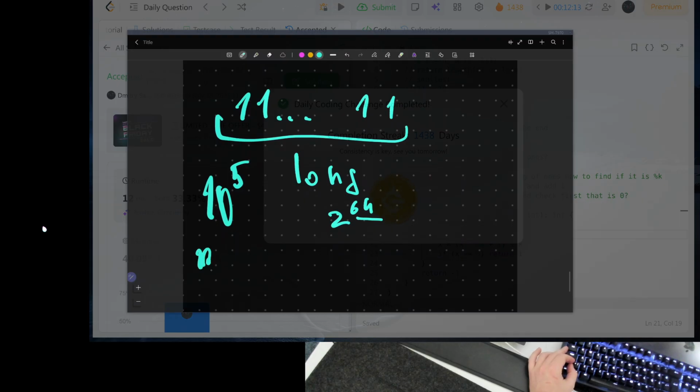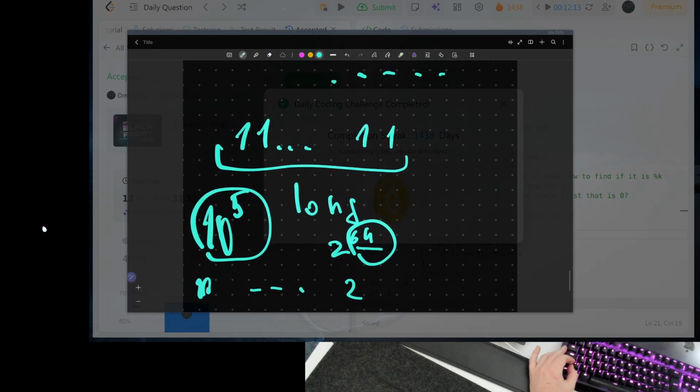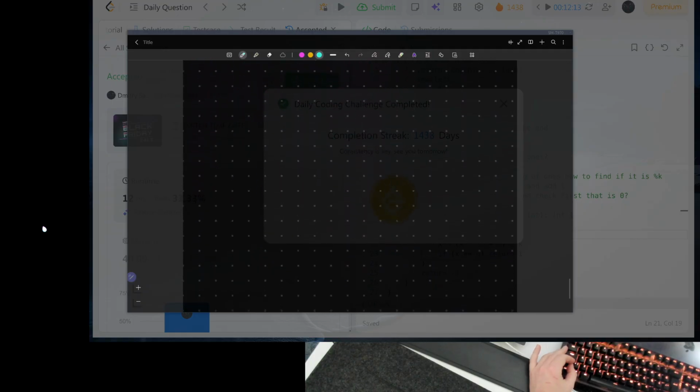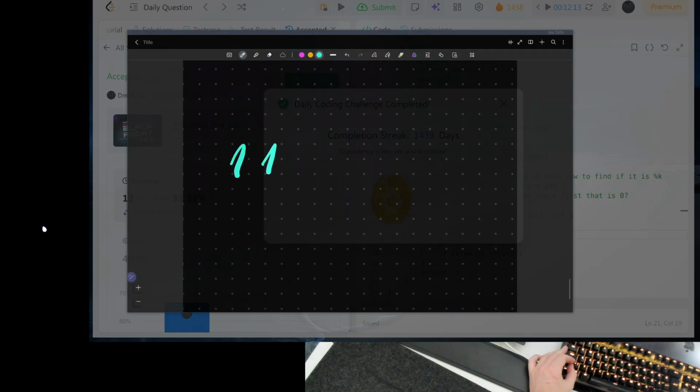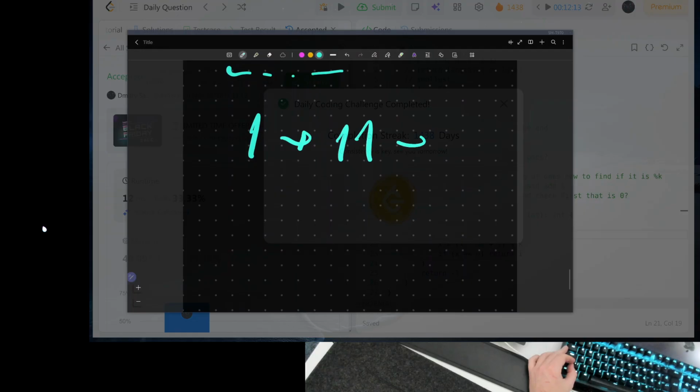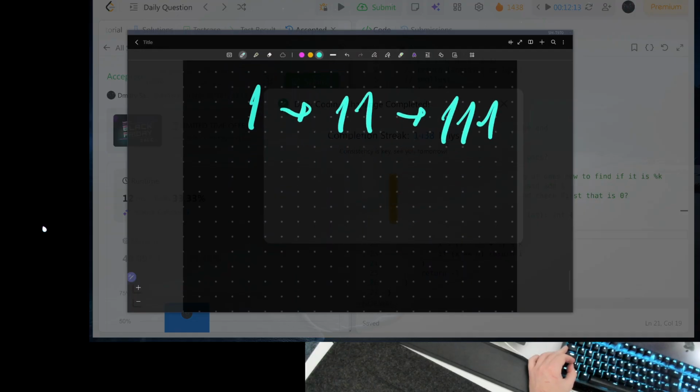This is base 10 and this is base 2, but they're still very, very different. So there comes our modulo operation. What does it mean to build the big number from a small number? Each time we go from 1 to 11, and then from 11 to 111.